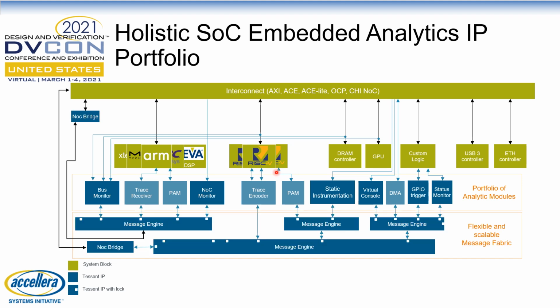Next, we have a flexible and scalable message fabric. The message fabric connects all of our IPs together and is used for the purposes of configuration, data collection, and cross-triggering.